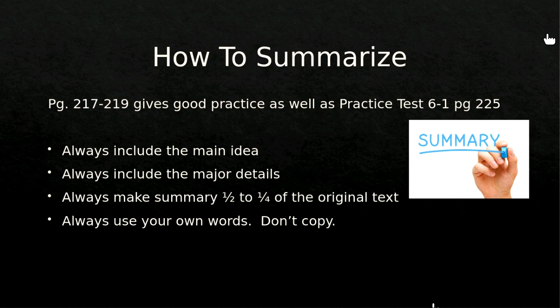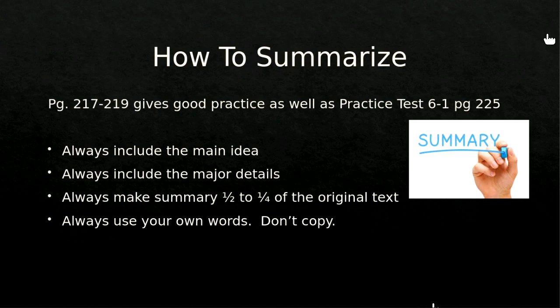So letter A, I said, was too specific. They're giving too many minor details like Kenya, and it's not really summarizing. It's just kind of being too specific, like the 2.2%. We don't need to say that in our summary. We just need to give the idea of that, which is political instability, right? So letter A was too specific.